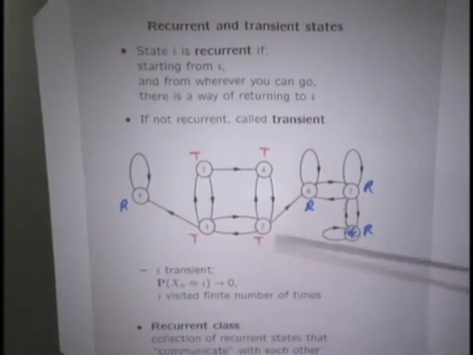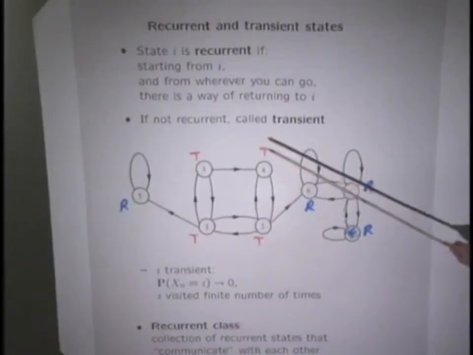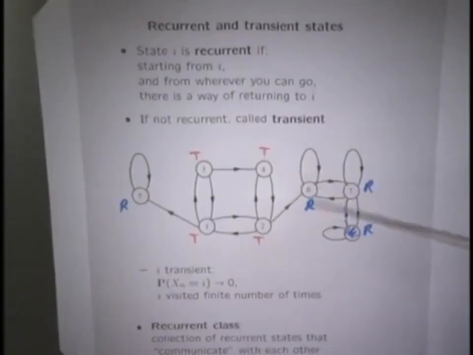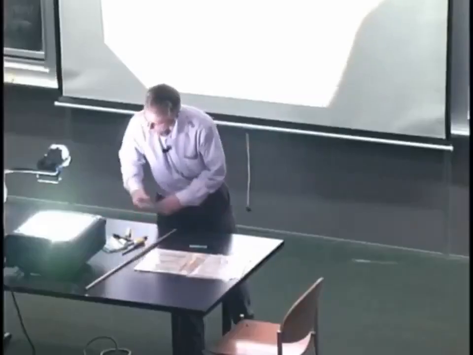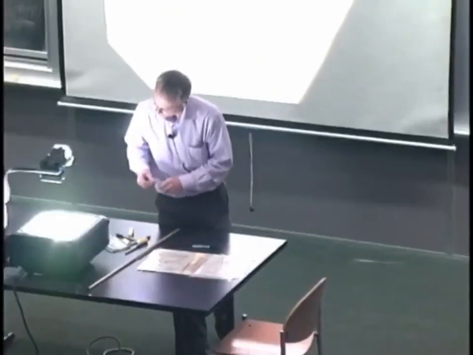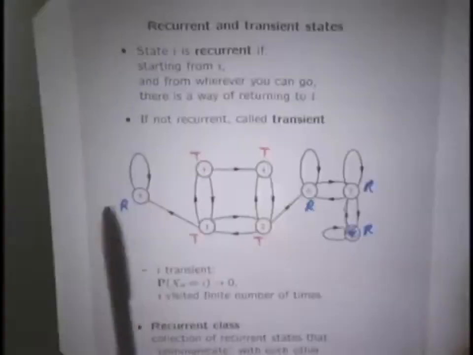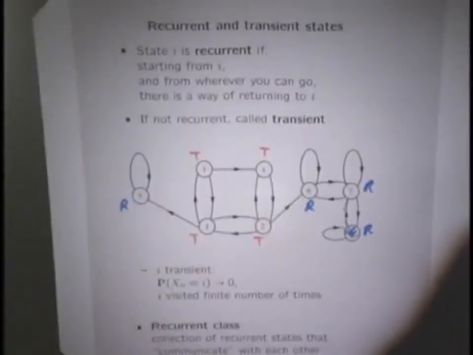But if you have infinite chances to escape, eventually you will escape. So you're certain that with probability 1, starting from here, you're going to move either to those states or to those states. So starting from transient states, you only stay at the transient states for a random but finite amount of time, and after that happens, you end up in a class of recurrent states.